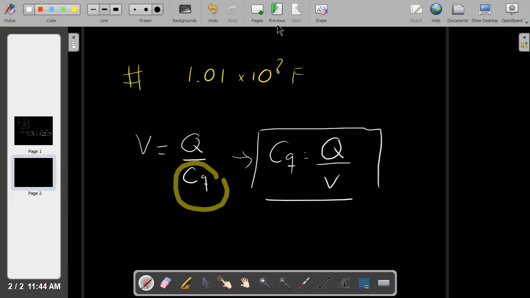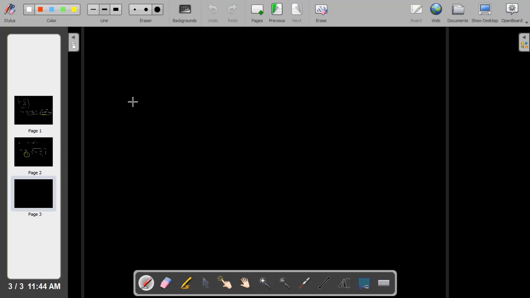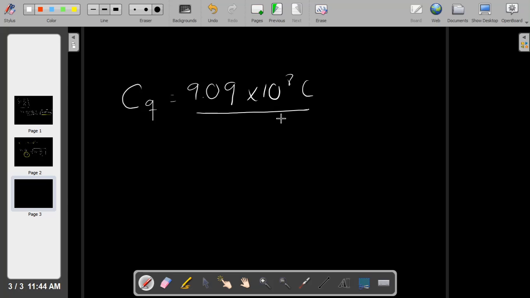Let's do that. Let's go to another page. And we have everything we need. The positive charge was 9.09 times 10 to the 8 coulombs. And our electrical potential was 9.00 volts.